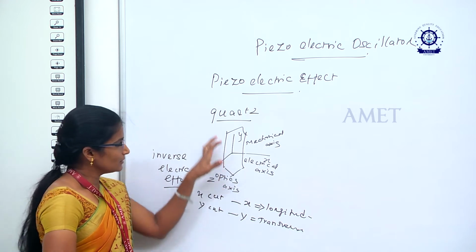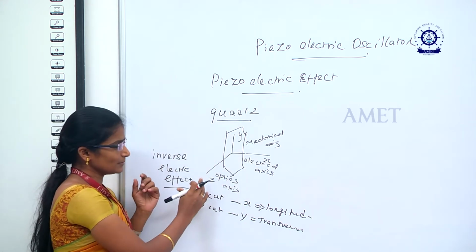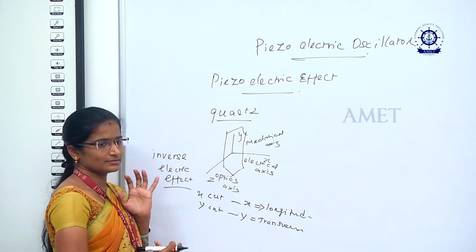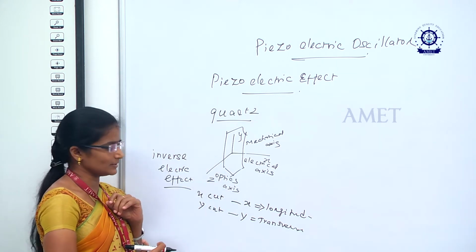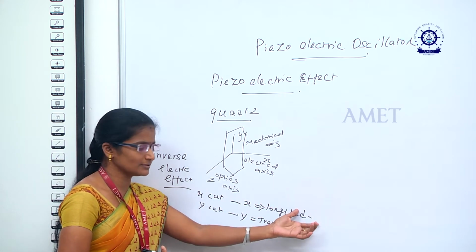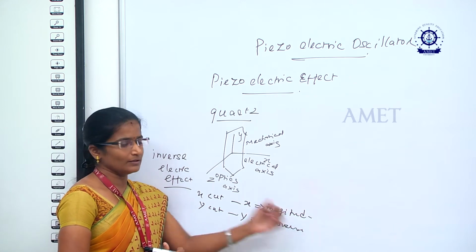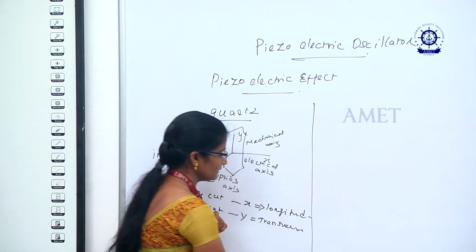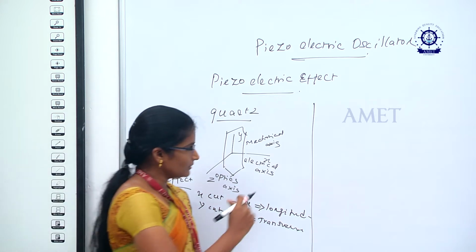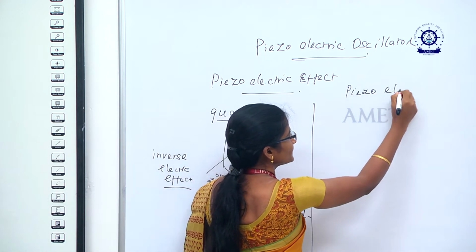So we saw the basic principle and the types of quartz crystal used in the piezoelectric oscillator. The X-cut crystal produces longitudinal ultrasonic waves, and the Y-cut crystal produces transverse ultrasonic waves. The next one, based on the principle, is the piezoelectric oscillator.